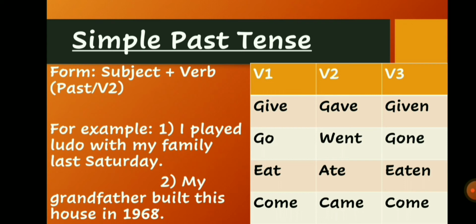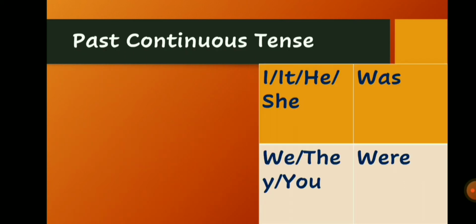Now let's see the second aspect of past tense, that is past continuous tense. In past continuous tense, when the subject is I, it, he or she, we use was, and when the subject is we, they or you, we use were. Past continuous tense shows the ongoing or unfinished actions of the past, actions which were not finished in the past.